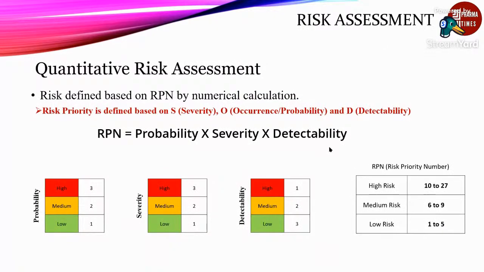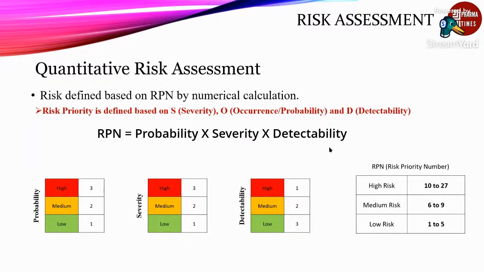the second type of risk assessment is quantitative risk assessment. As we already know, qualitative risk assessment is defined by using the risk matrix. So some cross part of the risk matrix is considered to define the risk priority. Quantitative risk assessment is based on RPN.